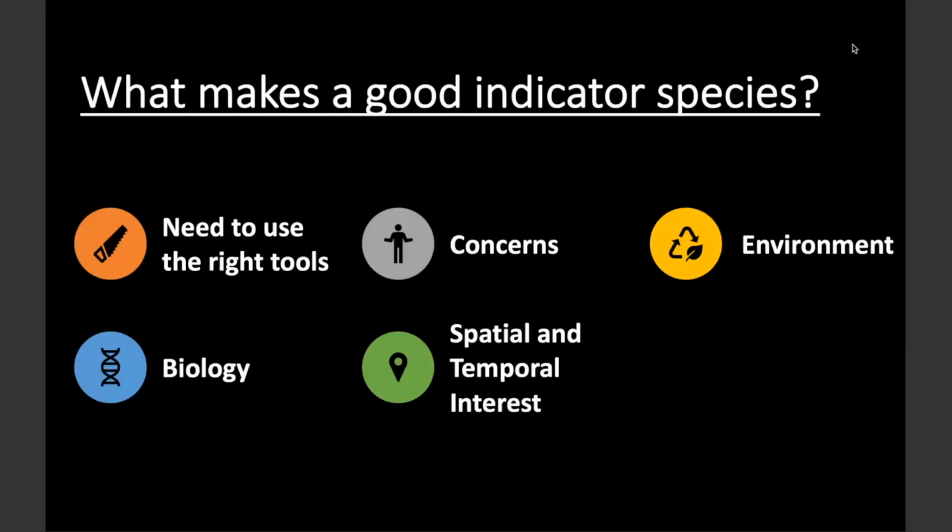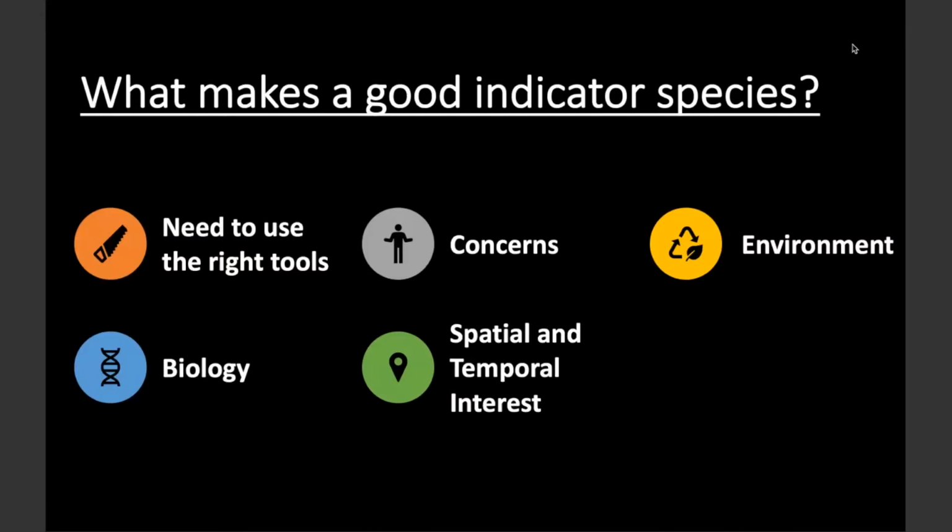I'll touch on this a little bit later in my own research. But say, for example, you wanted to look at the accumulation of some sort of pollutant in the environment, say mercury, you'd want to select a species that encounters that mercury or that component regularly. And so you can provide some insight into that.